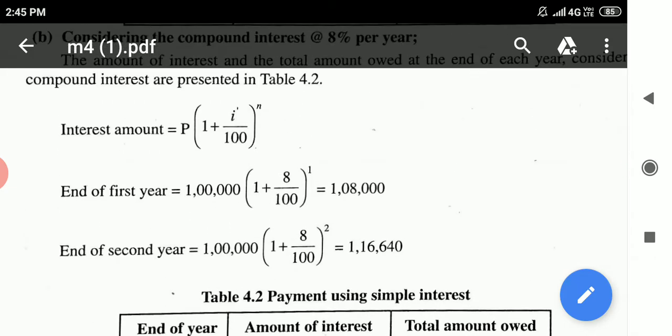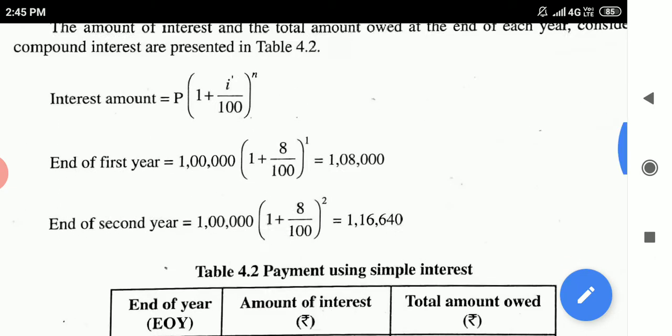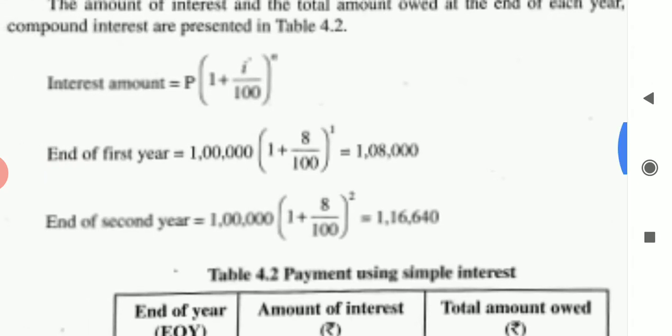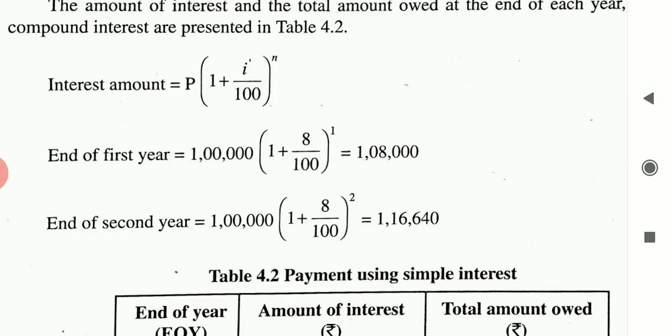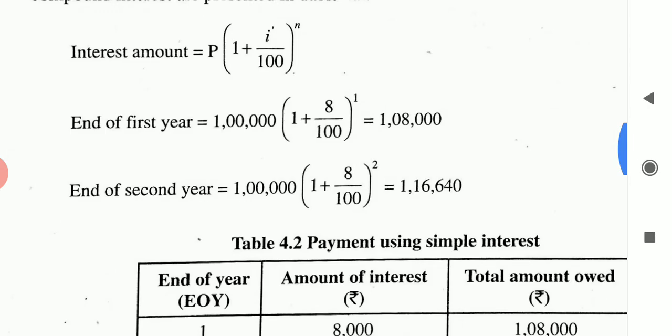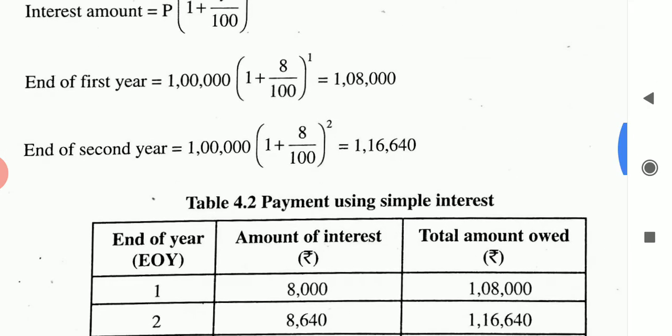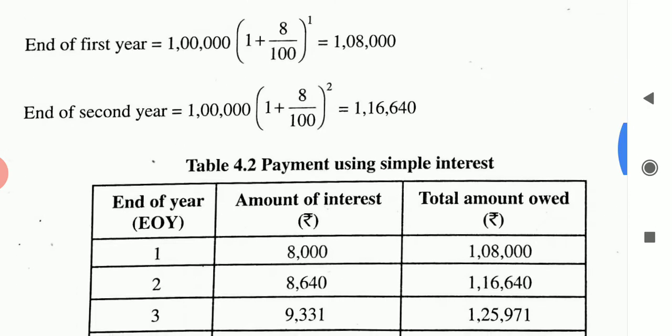So in these cases first we will calculate the end of the first year, that is 1 lakh into 1 plus 8 by 100, with n equal to 1 for the first year, n equal to 2 for the second year, and the same continues till the 5th year.